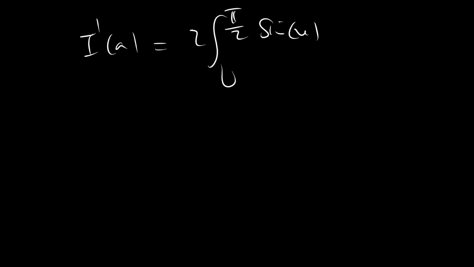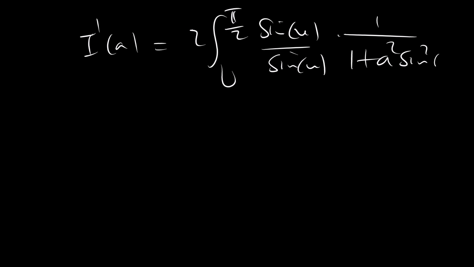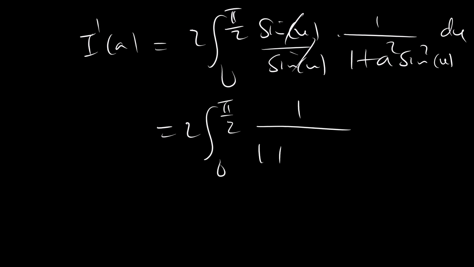It's the same as twice the integral from 0 to pi over 2 of sine u over sine u, times 1 over 1 plus a squared sine squared u. So that cancels, and we have 2 times the integral from 0 to pi over 2 of 1 over 1 plus a squared sine squared u.